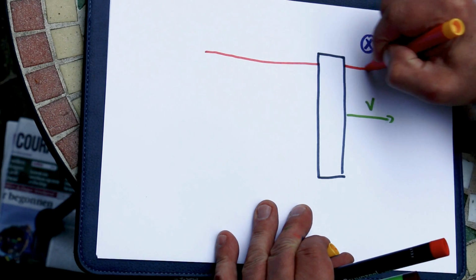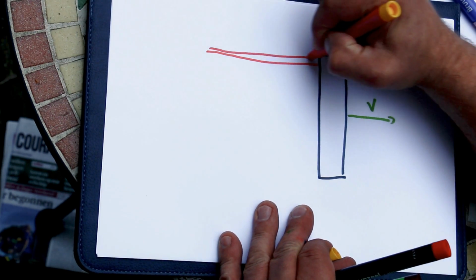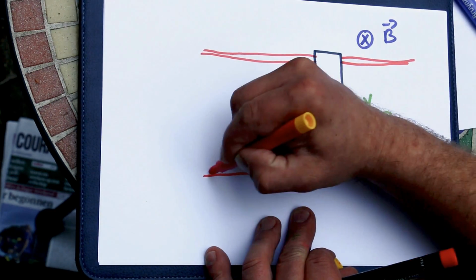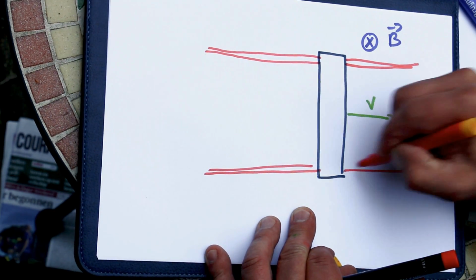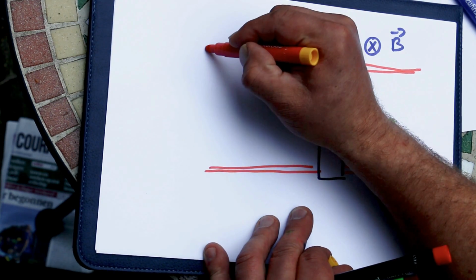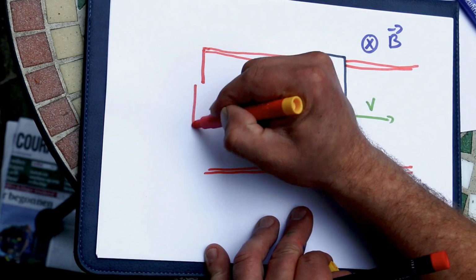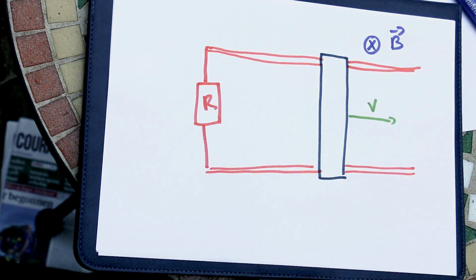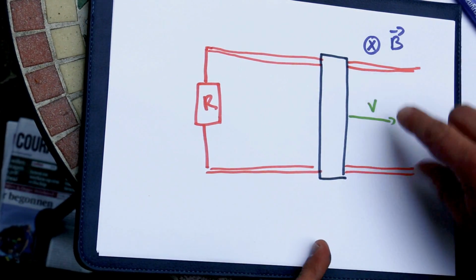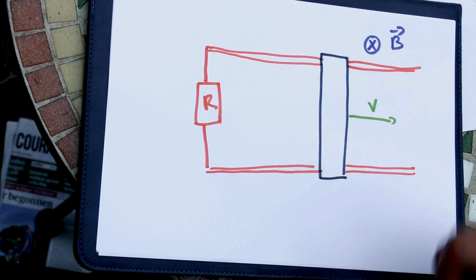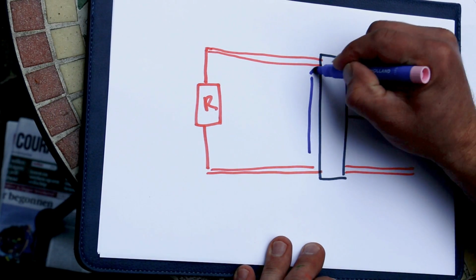You can imagine copper rails with my bar sliding on it. And here I will connect a resistor. Now, because it's moving with a speed V within a magnetic field B, it is developing an EMF epsilon.